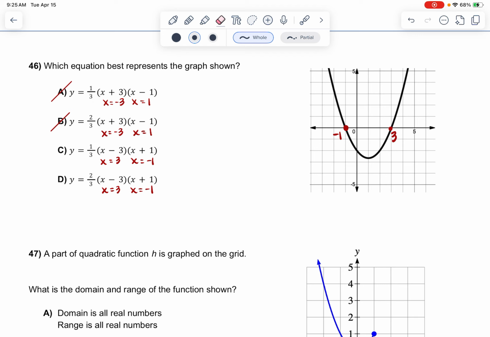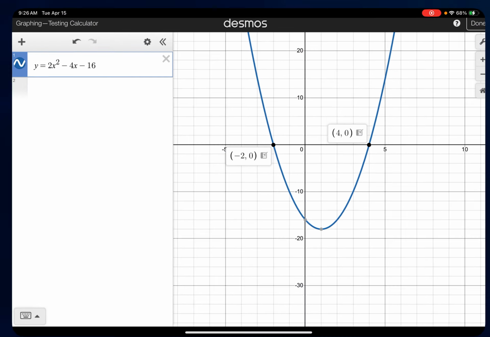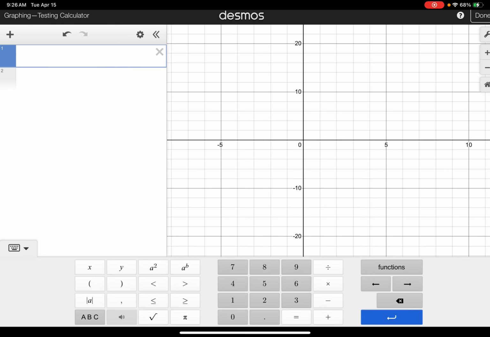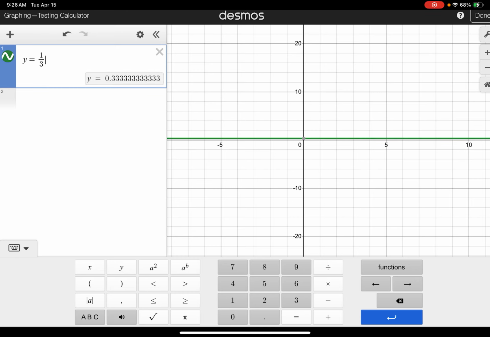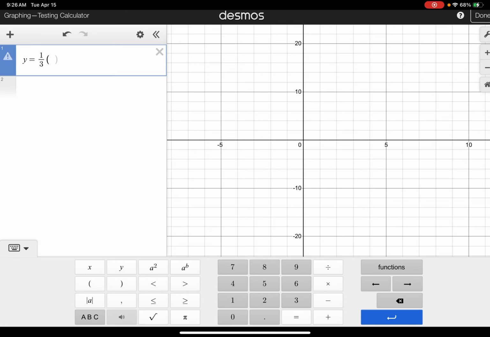Now, obviously, what it's going to come down to between C and D is the 1/3 versus the 2/3. So I would probably just go to Desmos if I were you. I'm just going to type that in literally exactly as those answer choices are written. So on answer choice C, it's y equals 1/3, and I'm just going to type in the factored form, x -3 and x +1.